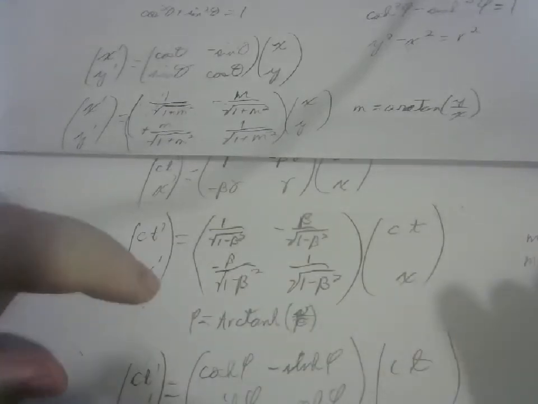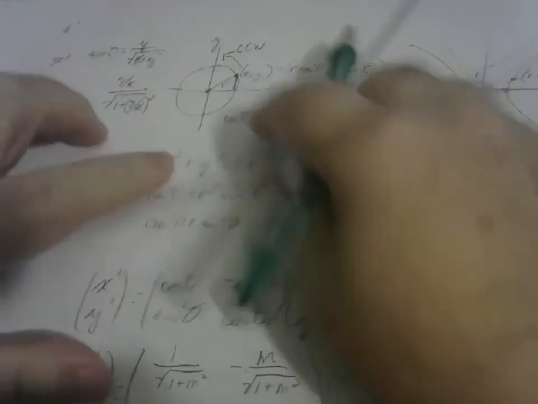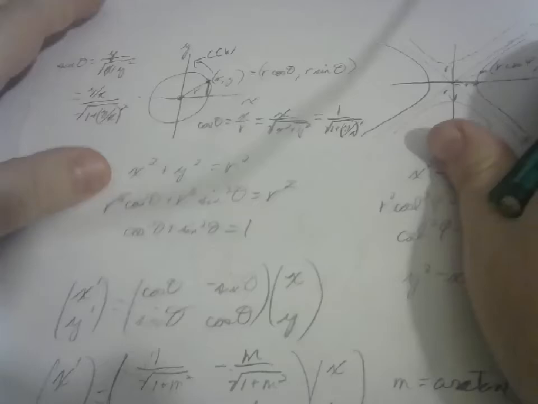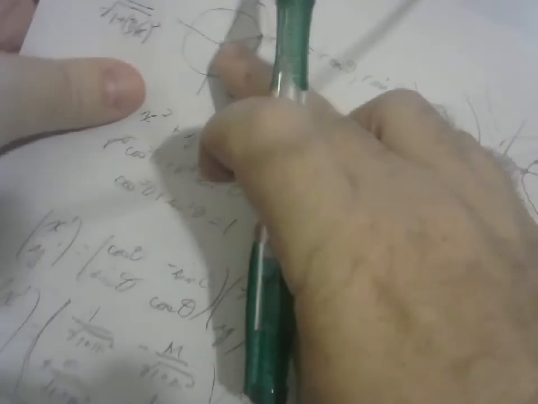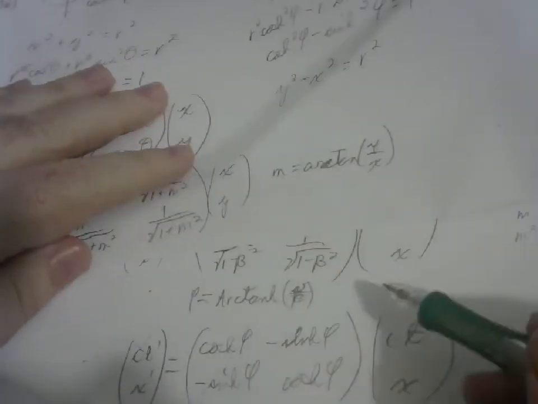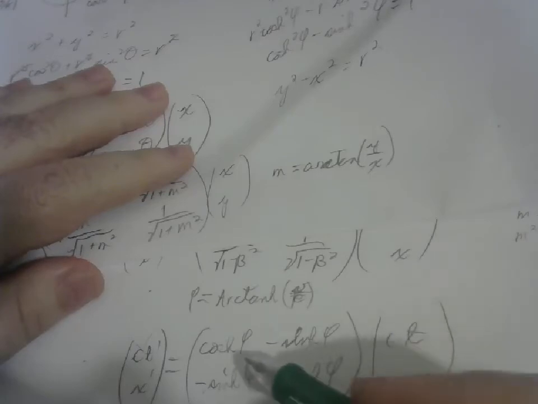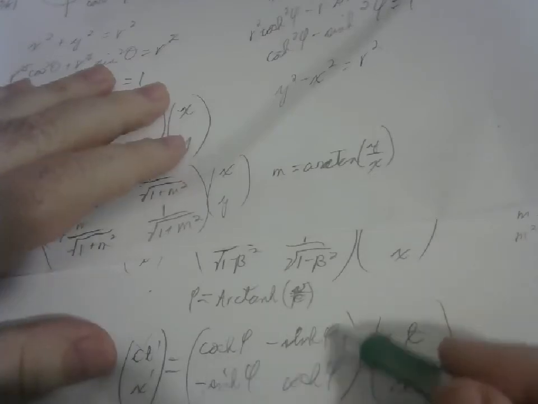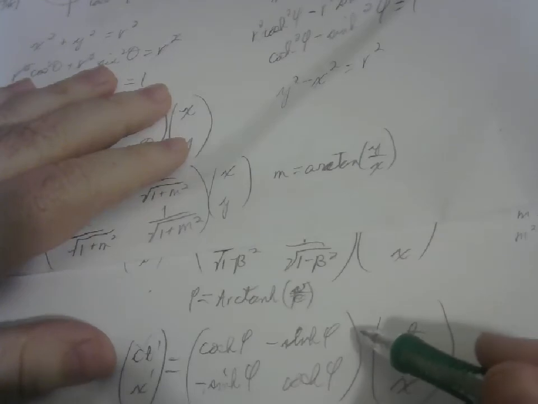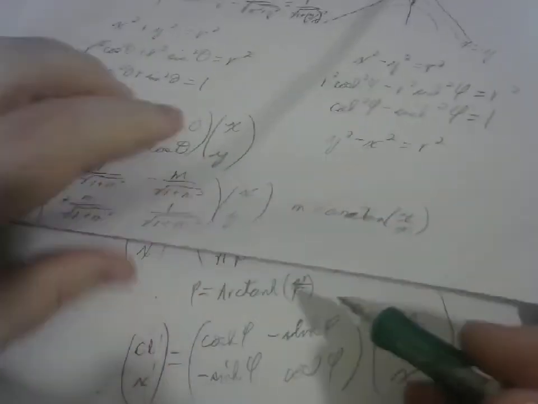If you do a boost to the right, it kind of shifts everything to the left, just as if I rotate the page clockwise, the coordinates change counterclockwise. If you want to shift in the opposite direction, you would either plug in negative phi here, or you would switch those negative sinhs to positive sinhs.